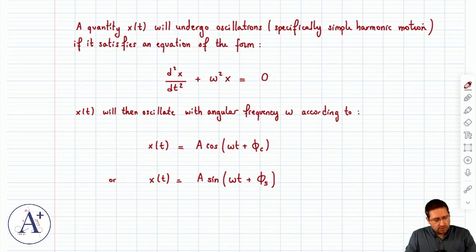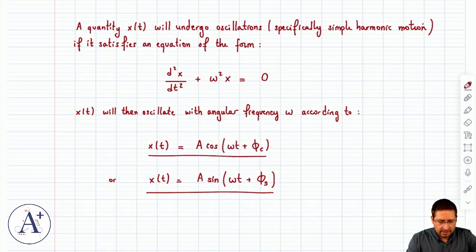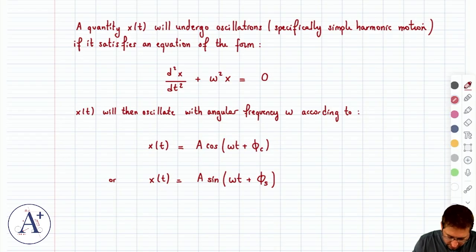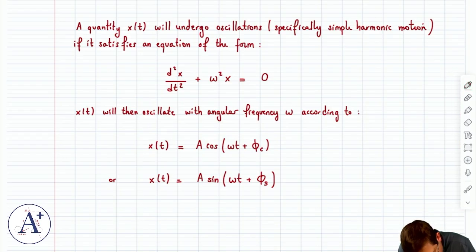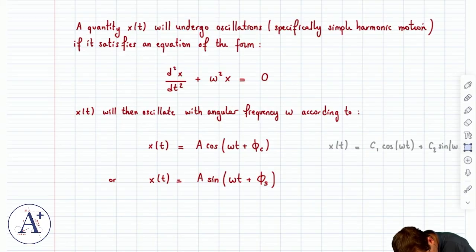Now, how do you deal with this or thing here? Well, you can pick either one. You can pick x of t like this. You can pick x of t like this. You might even find, depending on who's teaching and how they prefer to present this, something like this, c1 cosine omega t plus c2 sine of omega t. It's the same thing.